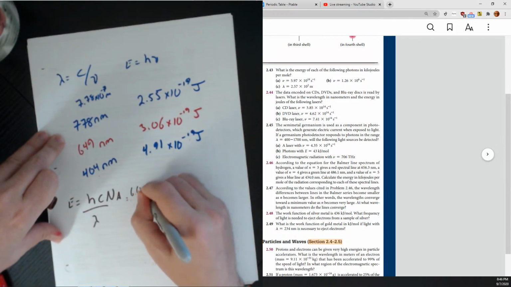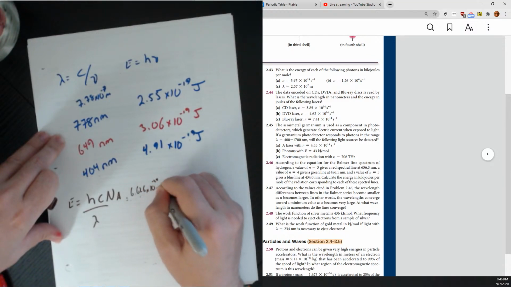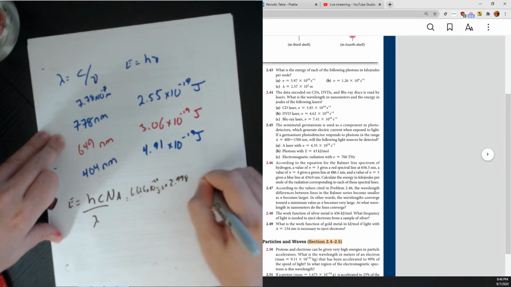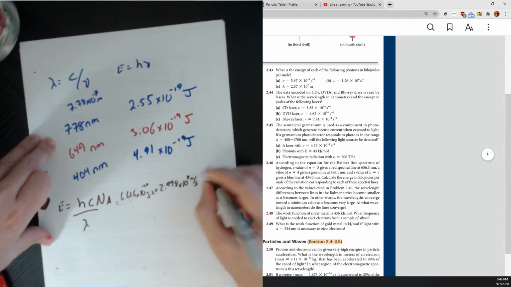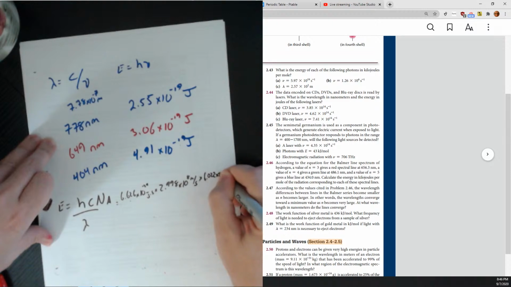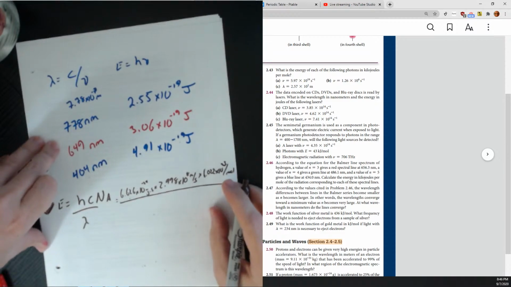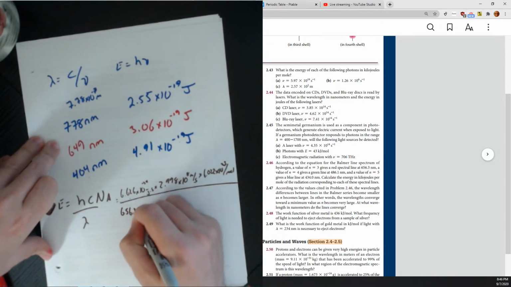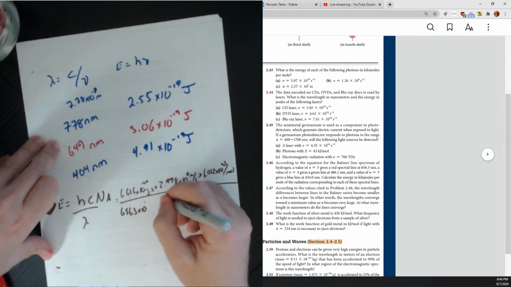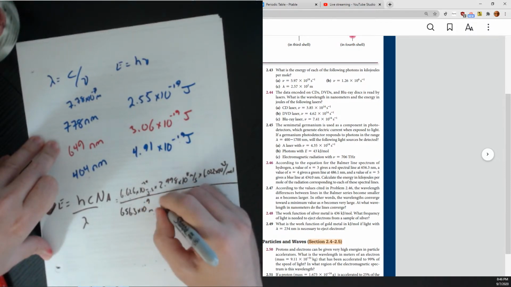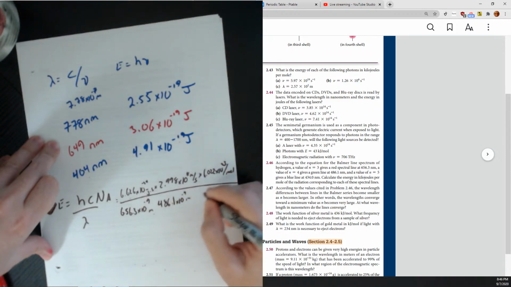So 6.626 times 10 to the negative 34th joule seconds times 2.998 times 10 to the 8th meters per second times 6.022 times 10 to the 23rd per mole, divided by our wavelengths, which are 656.3 times 10 to the negative 9th meters, 486.1 times 10 to the negative 9th meters, and 434.0 times 10 to the negative 9th meters.